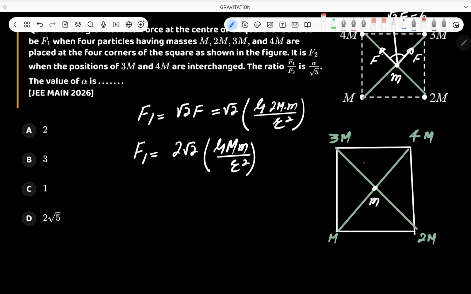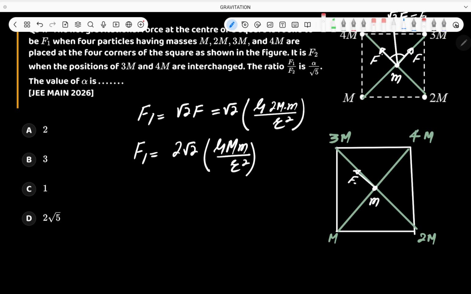See, have a look. This is mass 3m, this one is 2m, 3m minus 2m is m. So there will be one force on the particle small m, and that force will be equal to F, and that F is because of the m. Clear or not?